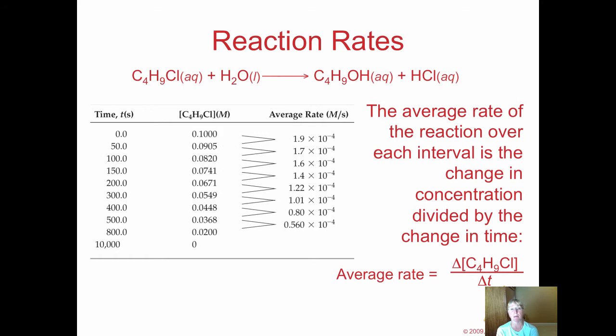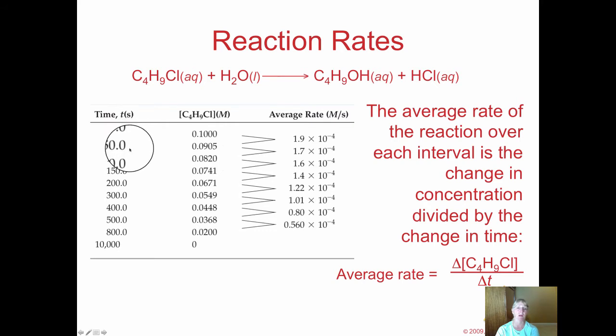since rate is the amount of concentration change over a change in time, by simply finding the difference in concentration in one time period. So you could find the difference between 1 and 0.095. That would be the change in concentration, and the change in time would be 50 seconds.